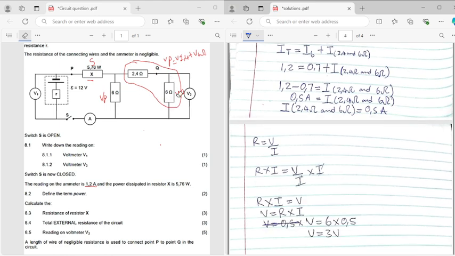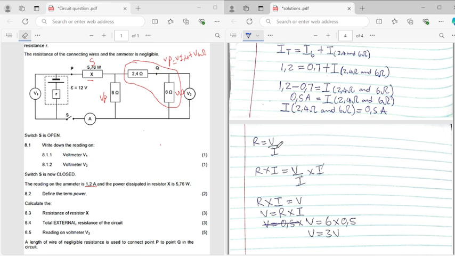Now we can just use that current and check how much voltage we have there. I'm just going to use that equation and make it in terms of V. If you're struggling with algebra, I'm going to explain it again.